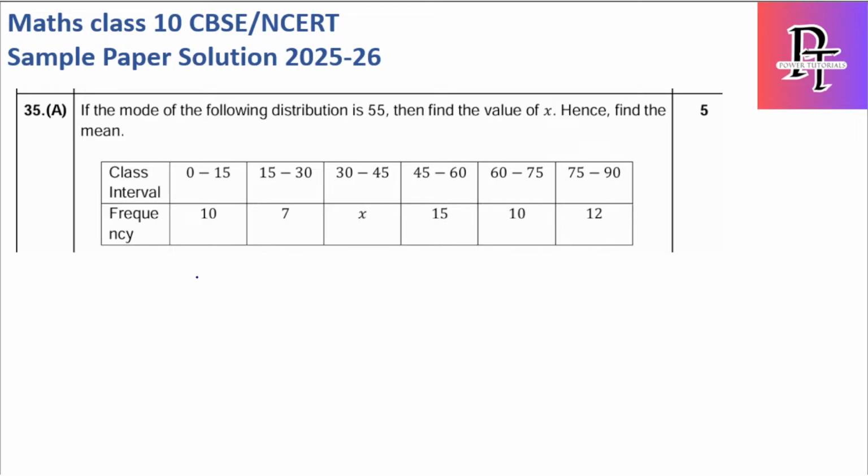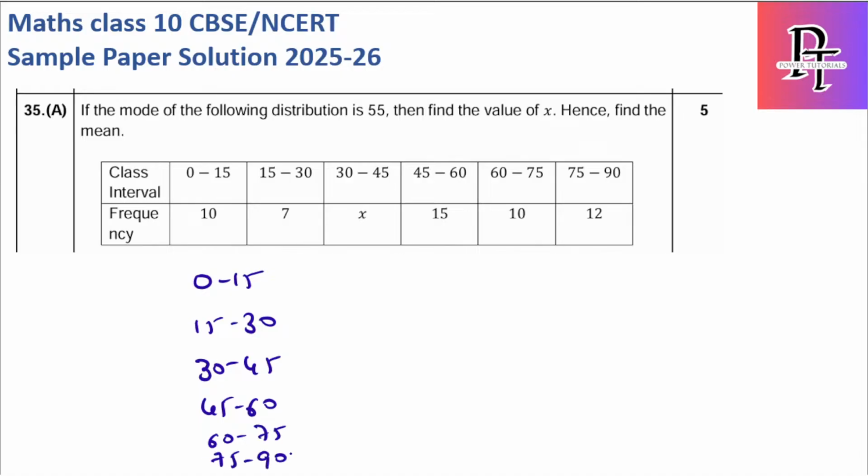So it is 0 to 15, 15 to 30, 30 to 45, 45 to 60, 60 to 75, and 75 to 90. I'll draw in the next table because it is a little congested here.